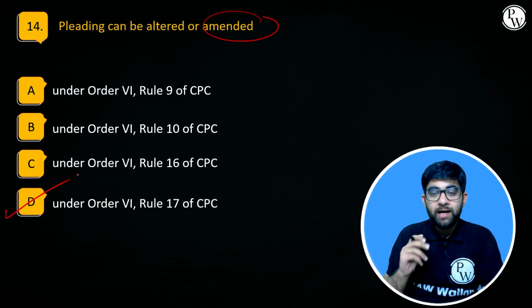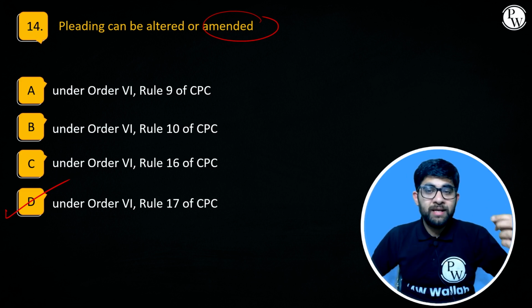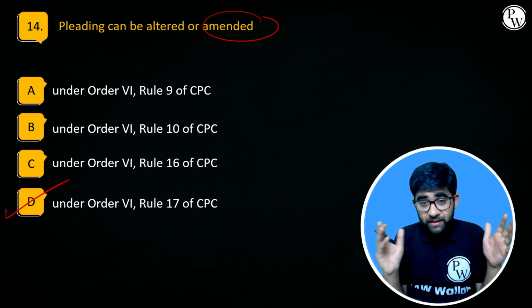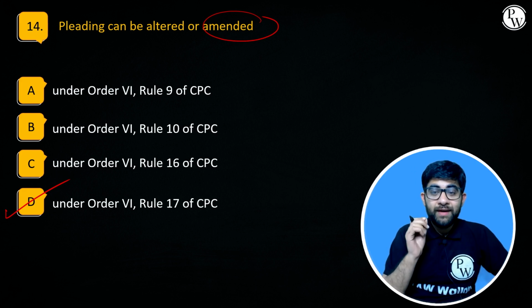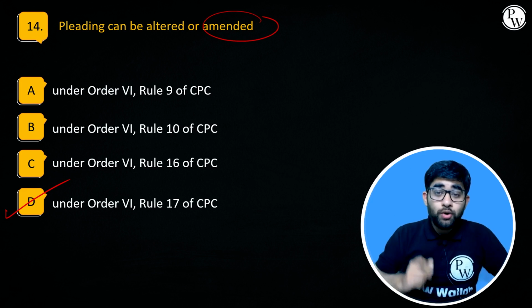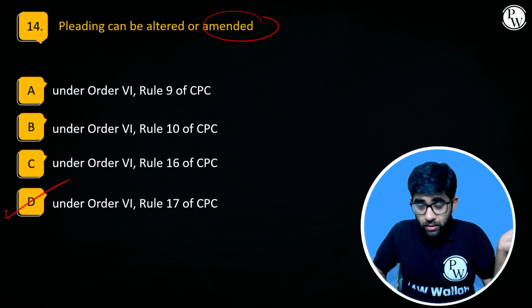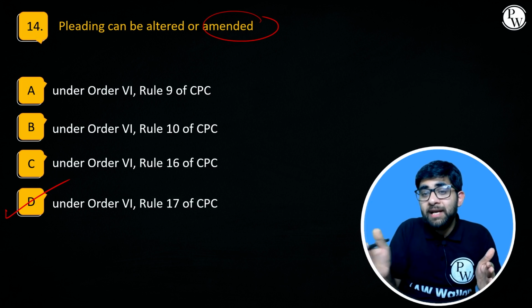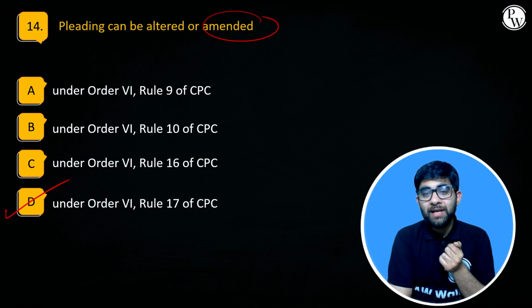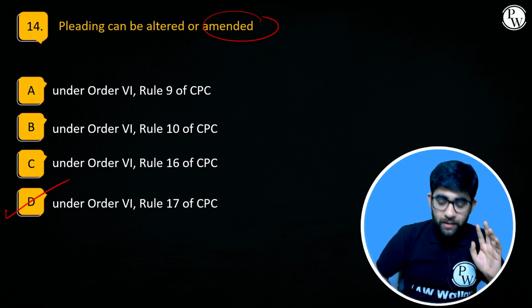If you have practiced, it is commonly known as 6-17. Order 6 Rule 17 says that whenever a fact that couldn't be pleaded before has occurred now, it can be incorporated in your plaint, and an application under Order 6 Rule 17 can be filed.